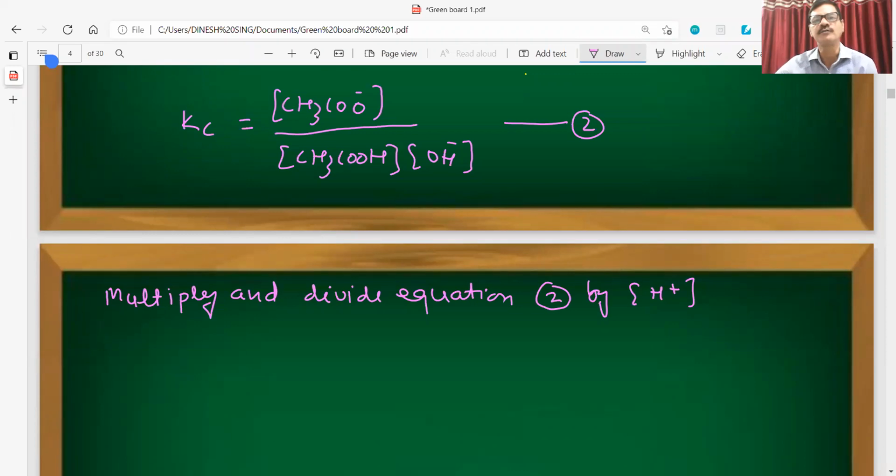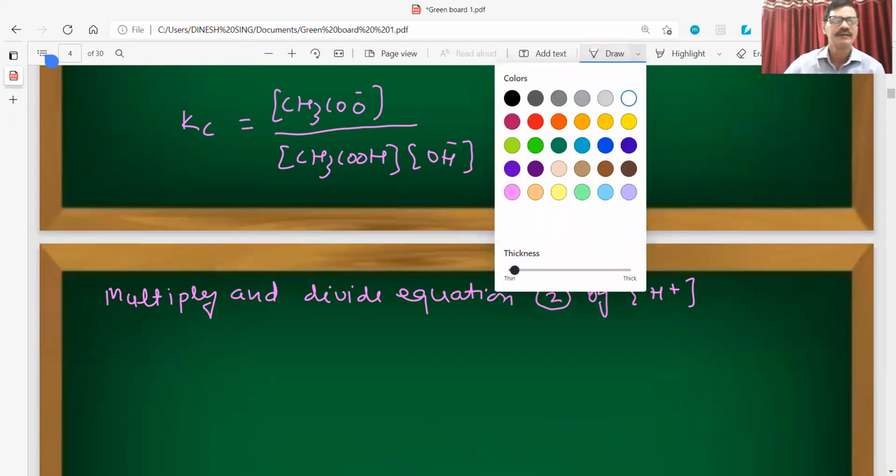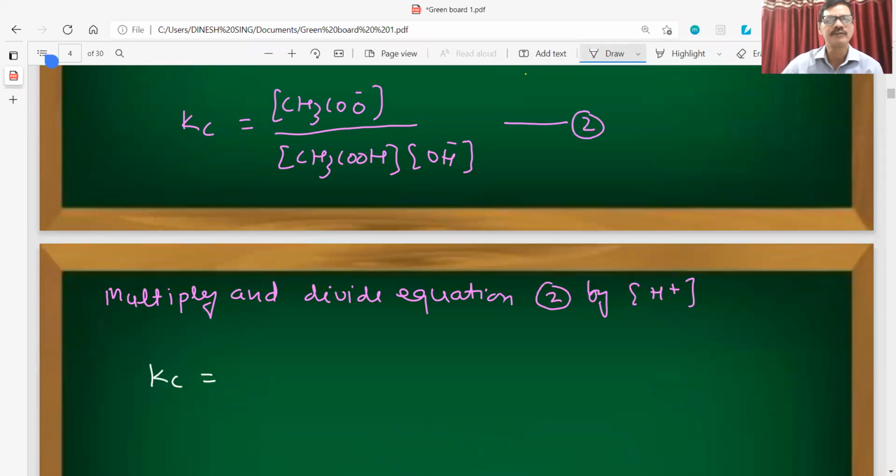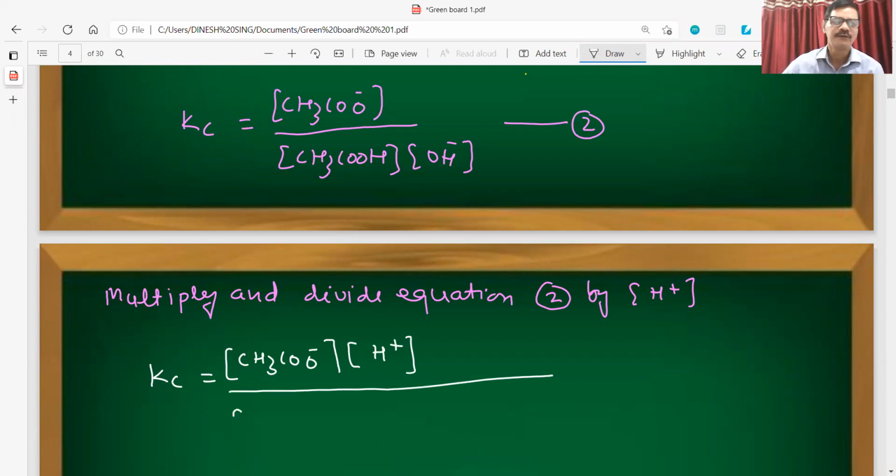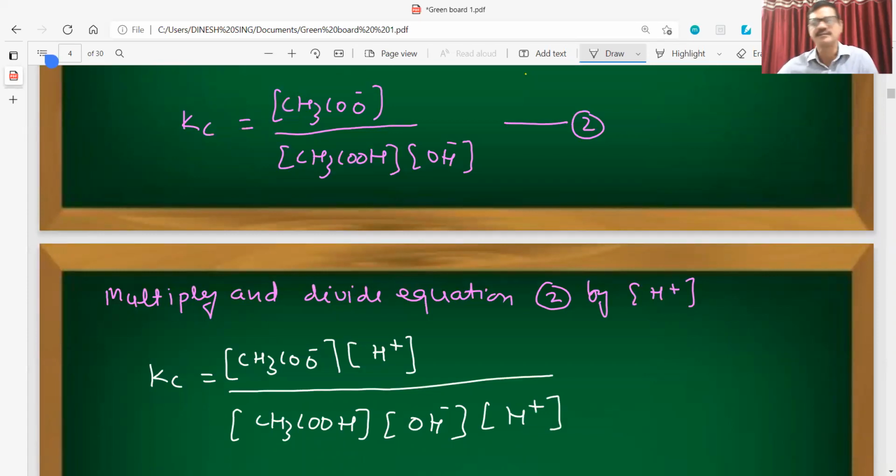Now equation 2 can be written as Kc will become equal to the concentration of CH3COO minus into the concentration of H positive divided by the concentration of CH3COOH into the concentration of OH minus into the concentration of H positive. Say this is equation 3.